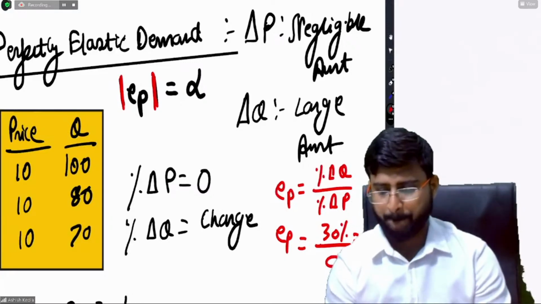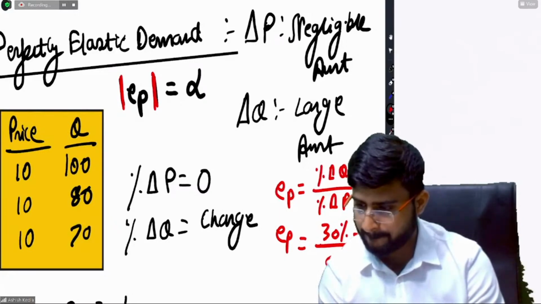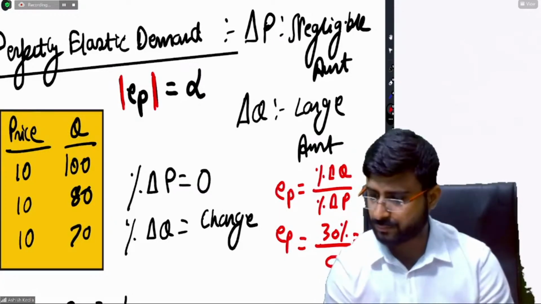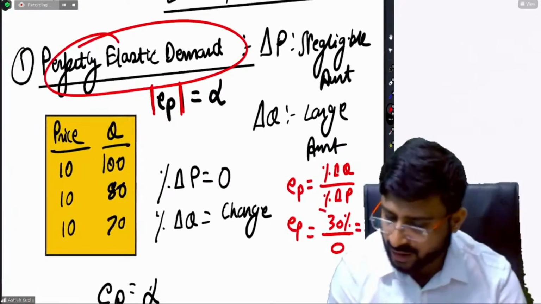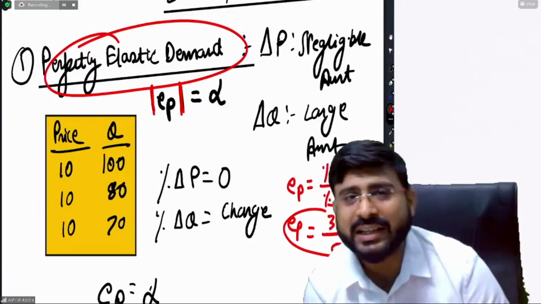Very good. So in perfectly elastic demand, the elasticity value is infinity. What is the value of elasticity? Infinity.